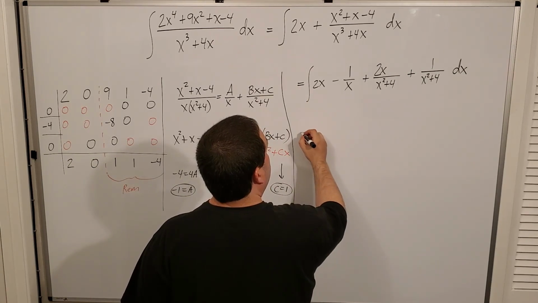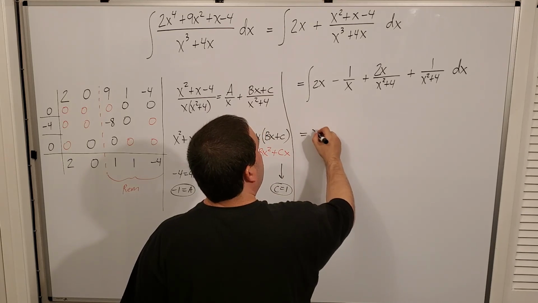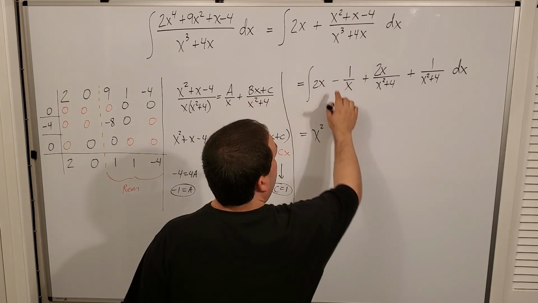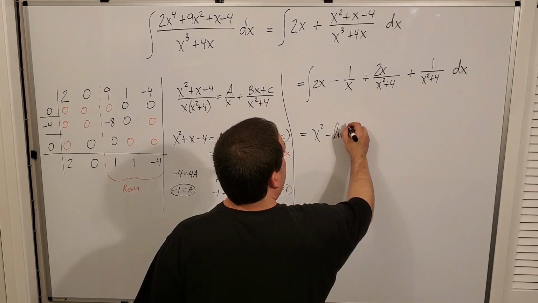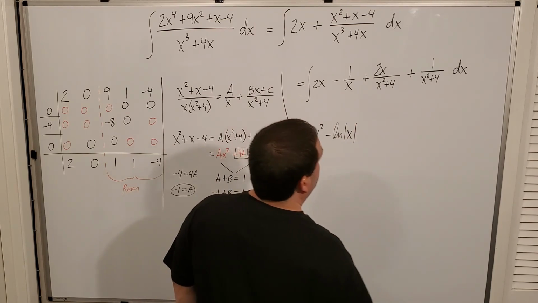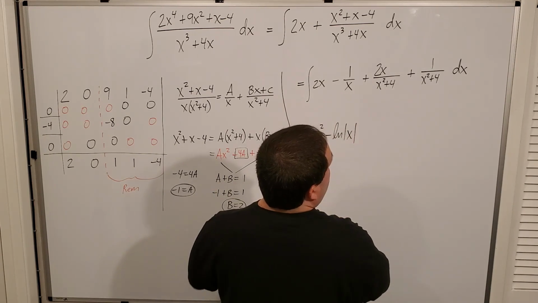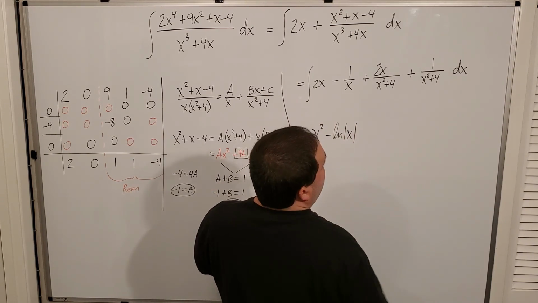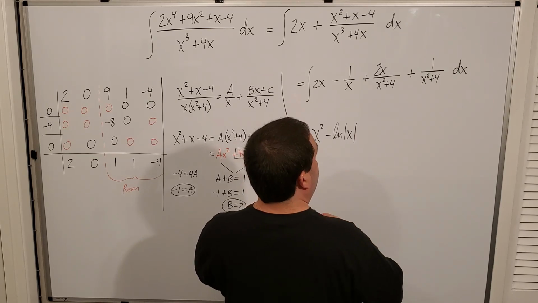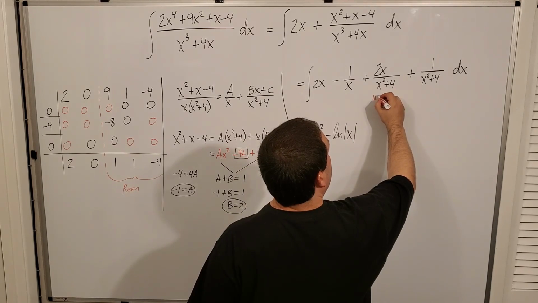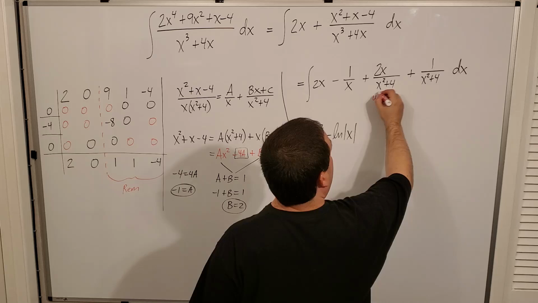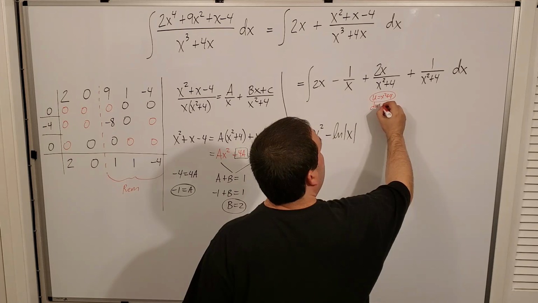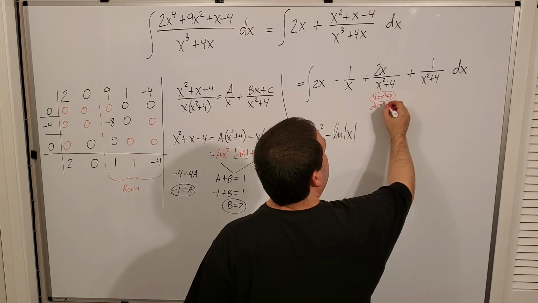Okay, so equals, antiderivative of 2x is x squared. Next I have minus ln absolute value of x. This is a substitution, but notice I don't have to fix anything. Here, if I let u equal x squared plus 4, then du is 2x dx, right?